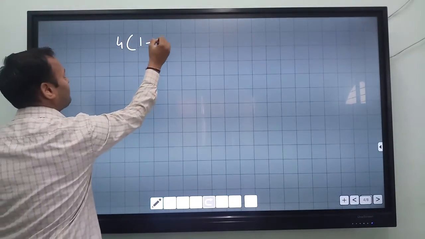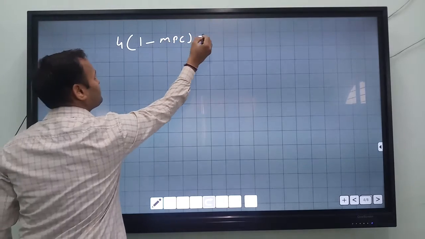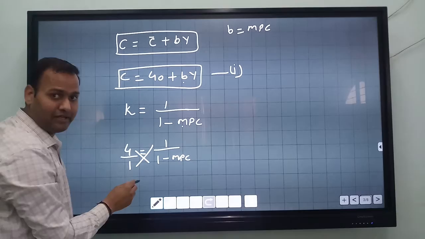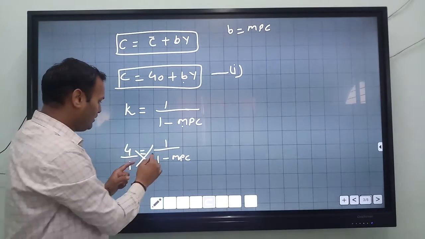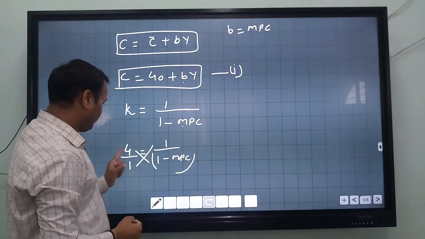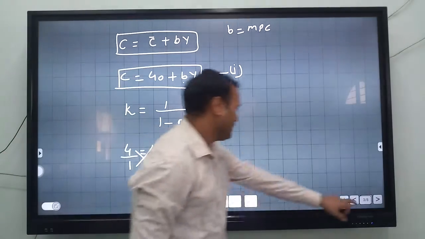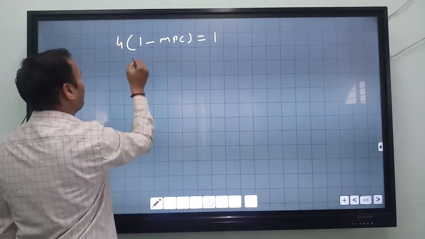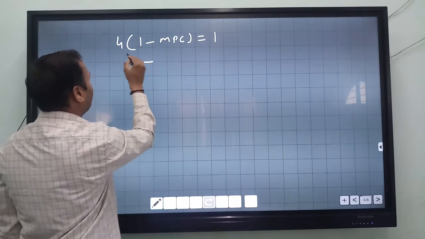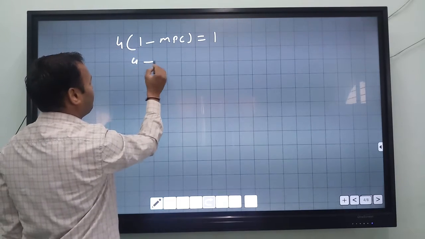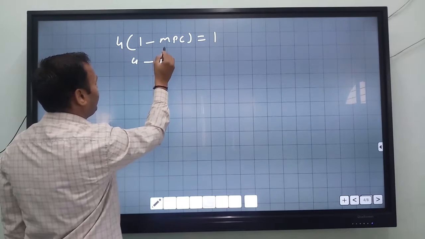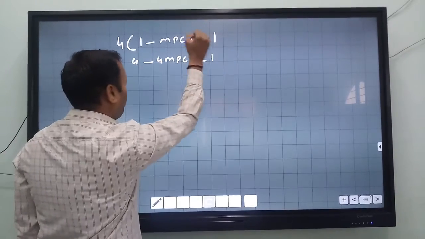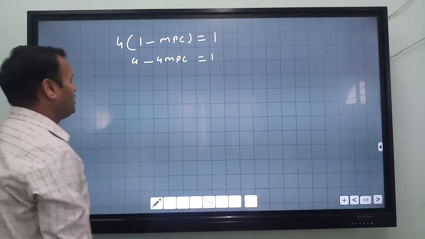4 bracket 1 minus MPC is equal to 1 into 1, that is 1. So 4 into (1 minus MPC) is equal to 1. Now we will multiply in both the terms: 4 into 1 is 4, and minus 4 MPC is equal to 1. Okay.